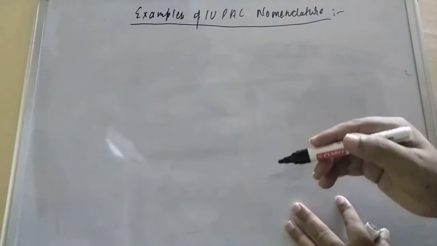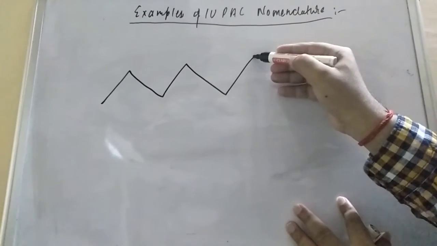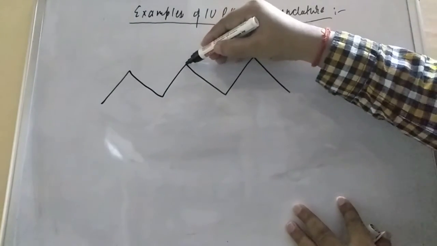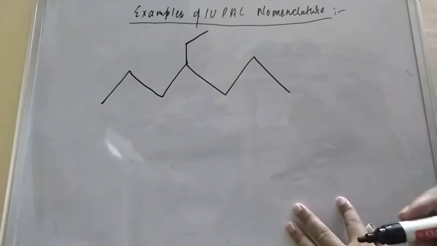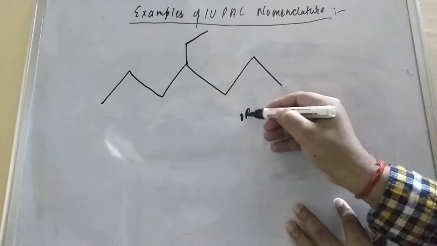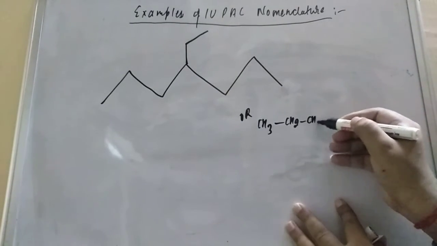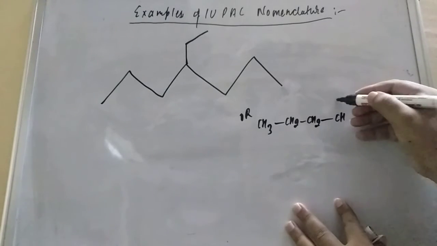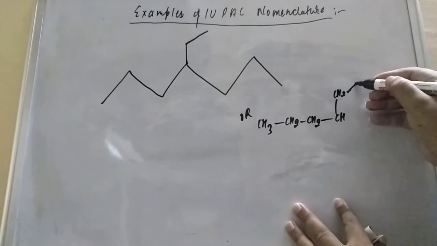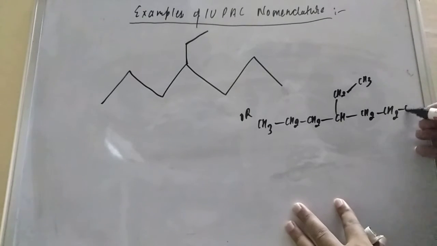Keep watching, student, and you will be able to understand the naming of this kind of compound. I am giving you one little change in the compound. This compound has a branch at the center, like this. Same compound, if you want to write the condensed formula: the terminal carbon is CH3, then CH2, then again CH2, then CH, then CH2, CH3, then CH2, CH2 and then CH3.